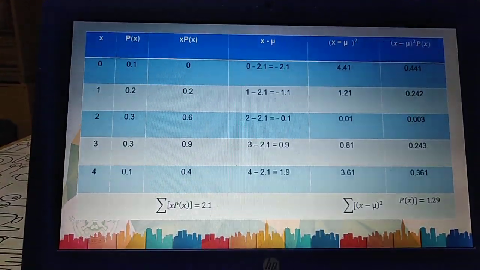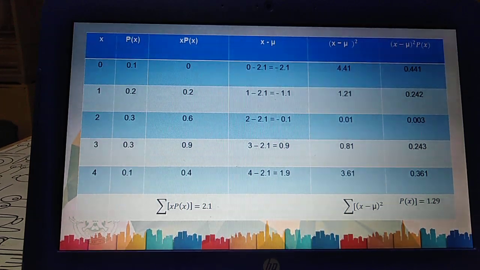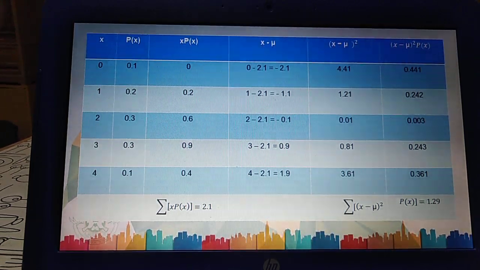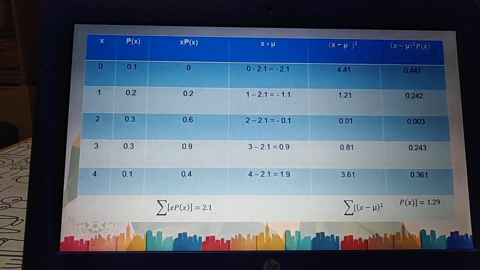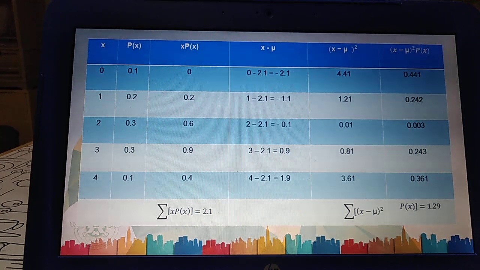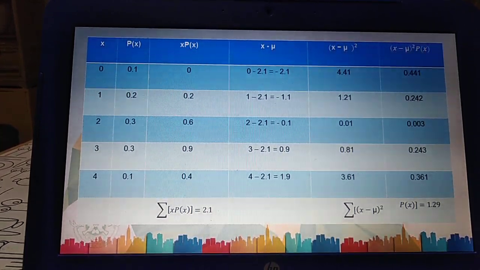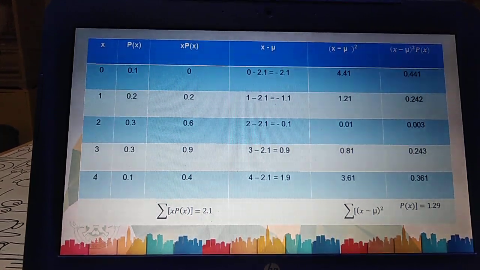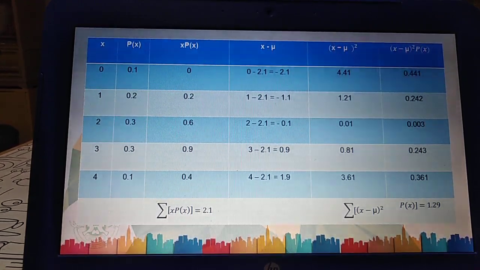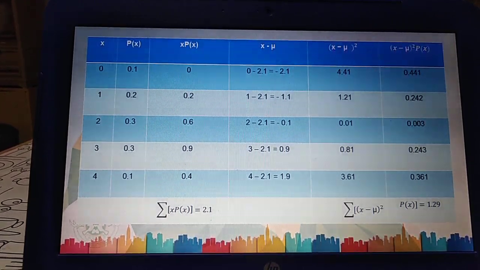Notice in our first column, we have the random variables, which are 0, 1, 2, 3, and 4. On the second column, we have their probabilities. On the third column, we multiply the random variable x with its probability.